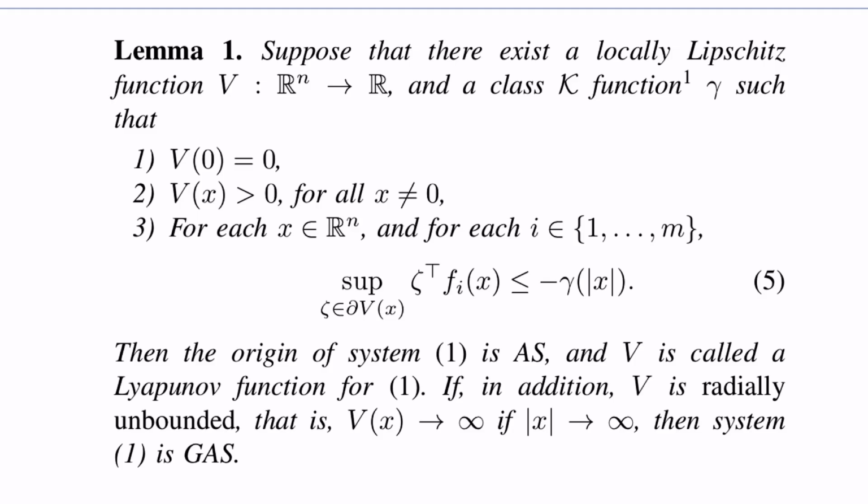And usually what we would have is v dot being negative definite. Here's the thing: what is v dot in this case? It's not something we can write directly, because there are cases where this is not differentiable. And when you cannot take the differential, you need to look at the subdifferential.